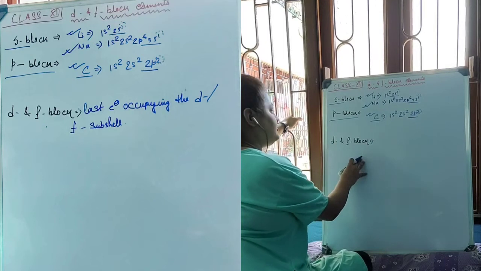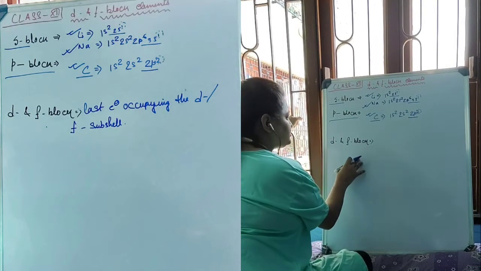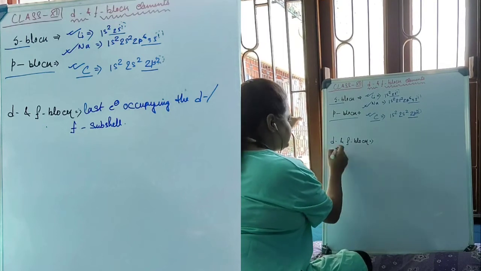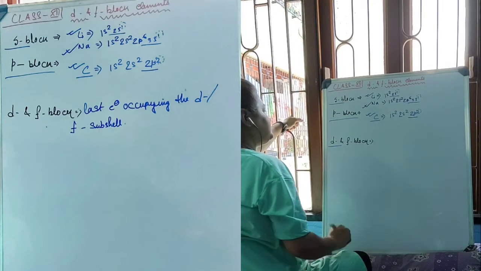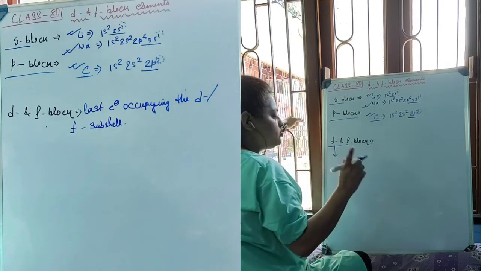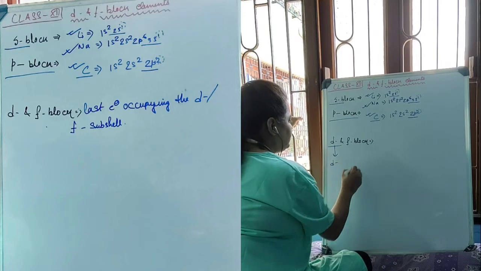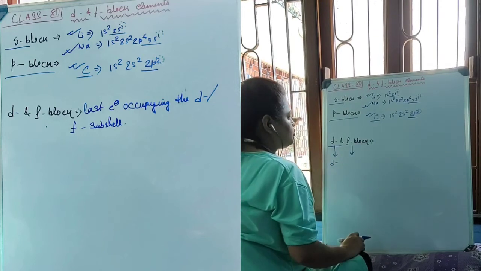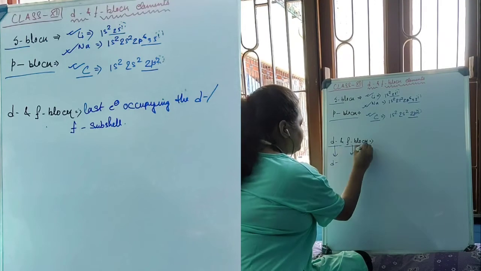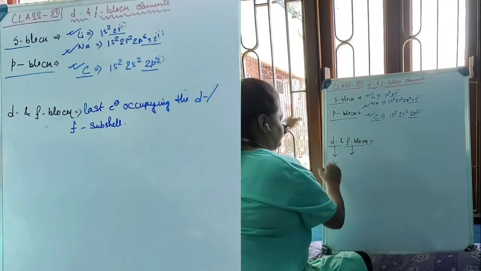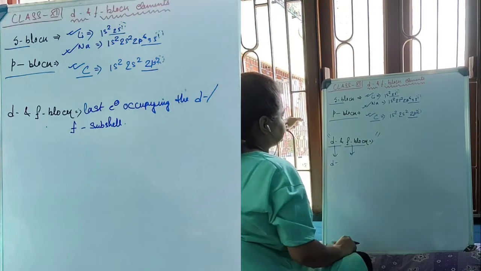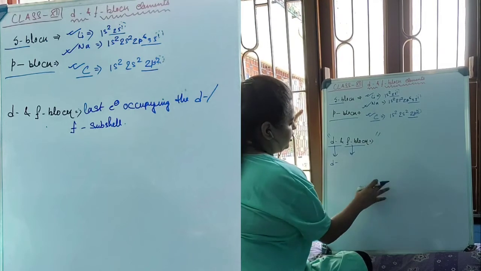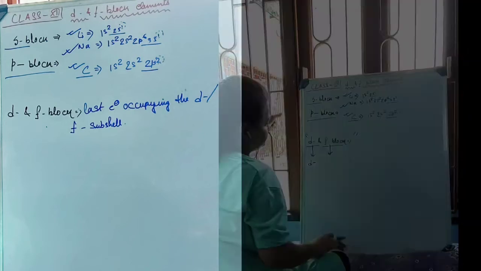In this similar manner, D block elements are those in which the last valence electrons are occupying the D subshell, and F block elements are those in which the last valence electrons are occupying the F subshell. Both of them comprise the D and F block elements.